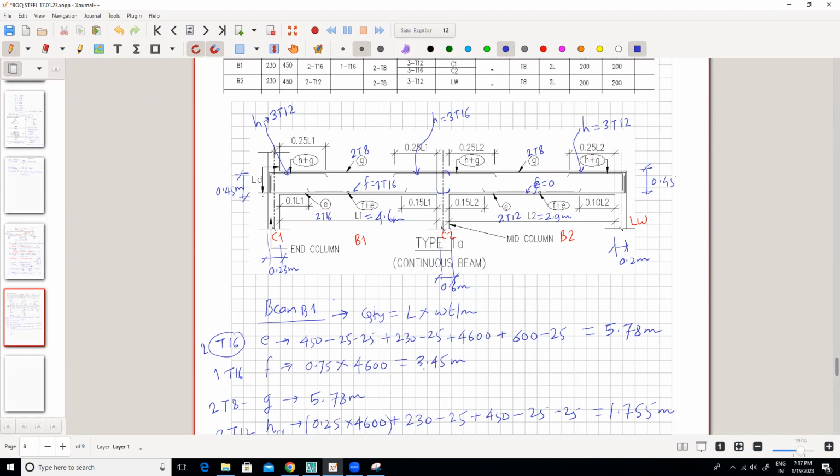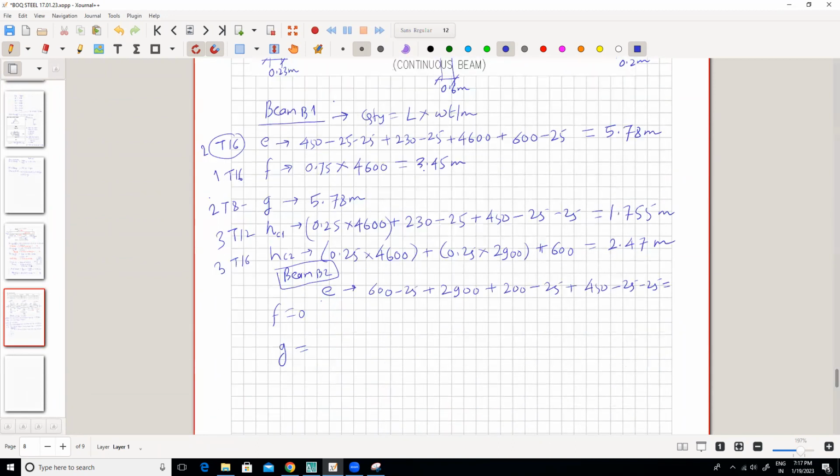So exactly E. How much is E coming to? 0.05 meter. G is also the same.